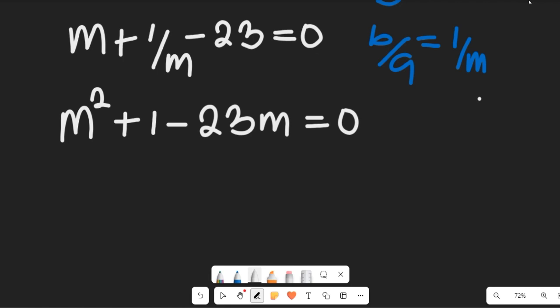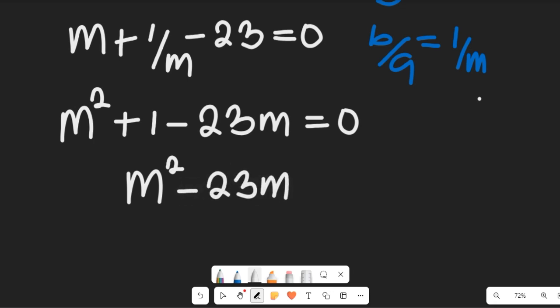So if I rearrange this expression, I'm going to have m squared minus 23m plus 1, and this will be equal to 0.